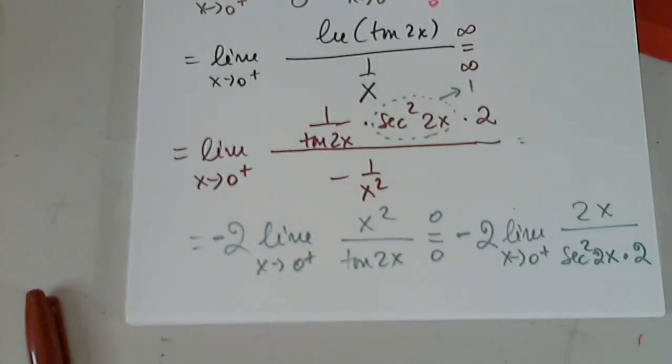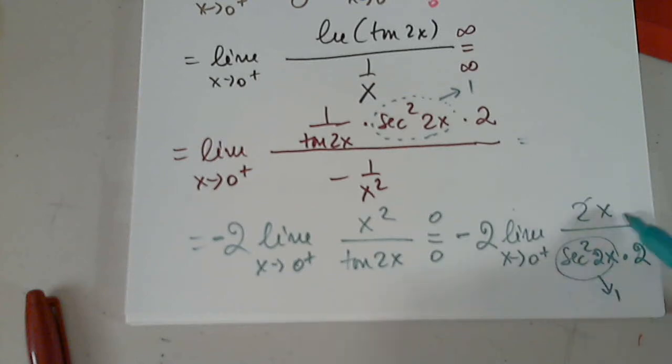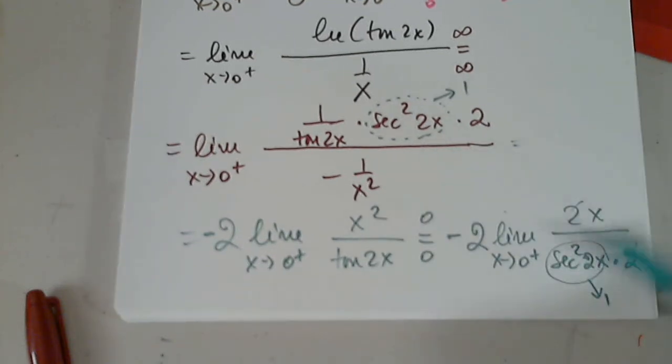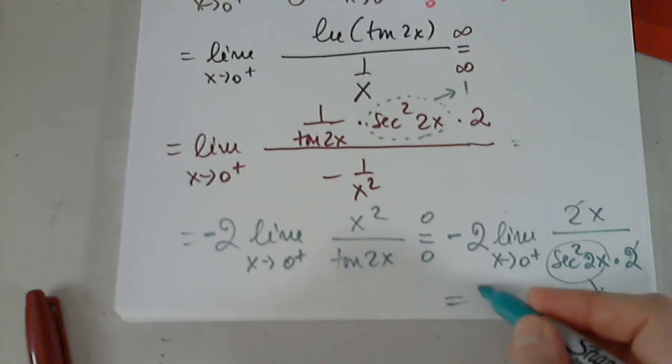That's even nicer than I expected. So the 2 with the 2 will go away. This approaches 1, but I have nothing to do here. This will still be 0. So as x approaches 0 from the right, all these are gone, but I still have an x, so it's 0, and 0 times negative 2, this will be 0.